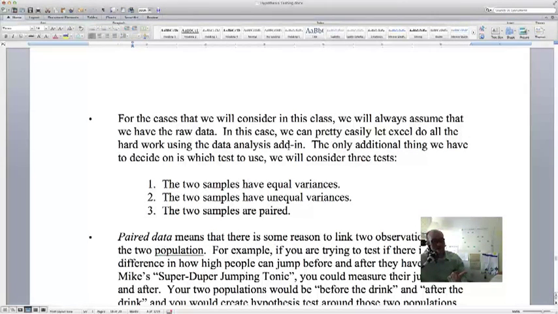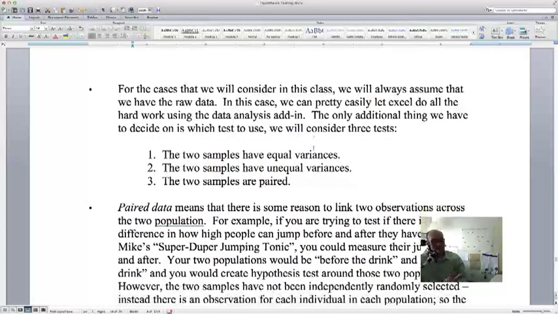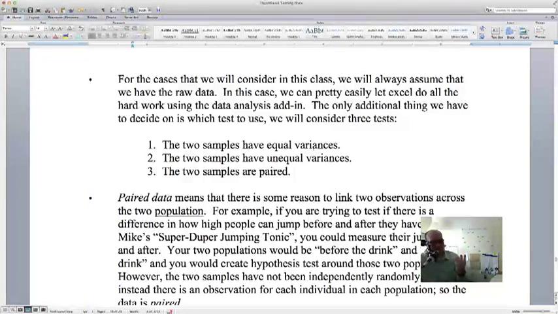And we only have to do one more thing then, which is to decide which test to use. So there are actually 3 different types of tests we can do for these 2-sample tests. The first one is that the 2 samples have equal variances, meaning the variance, or think of it like the standard deviation across batteries within each group, are the same, right? So that's one way.